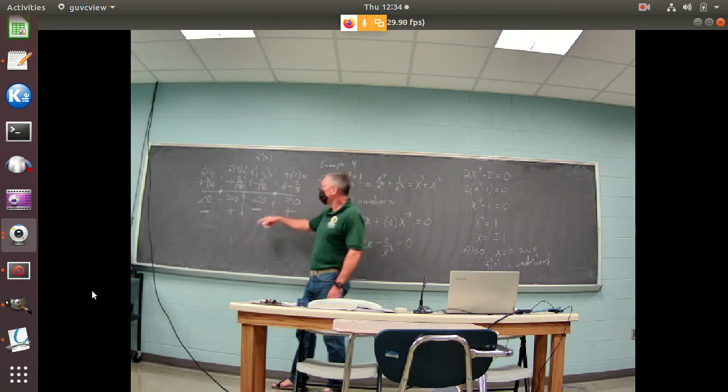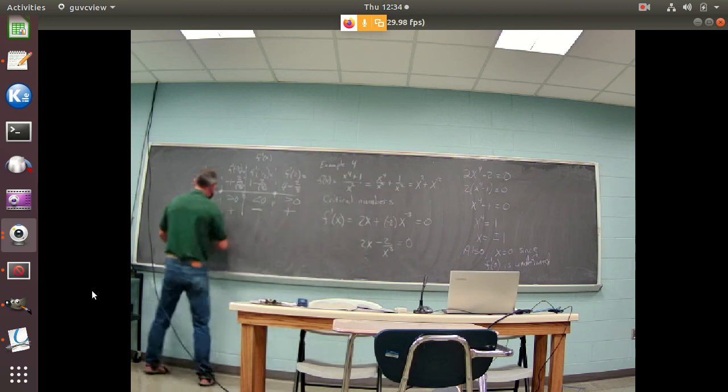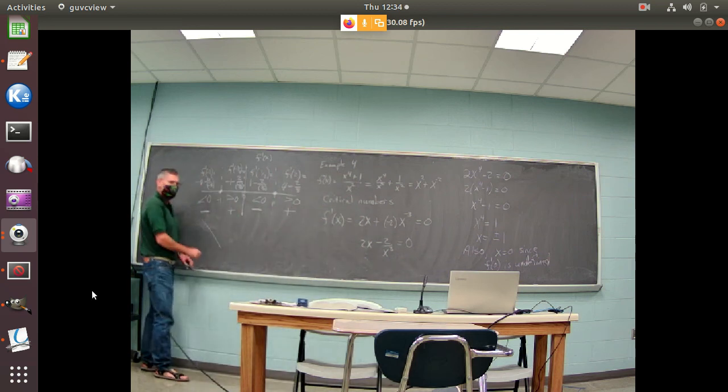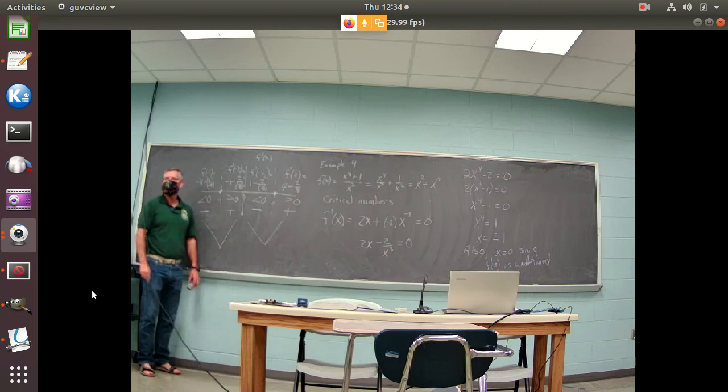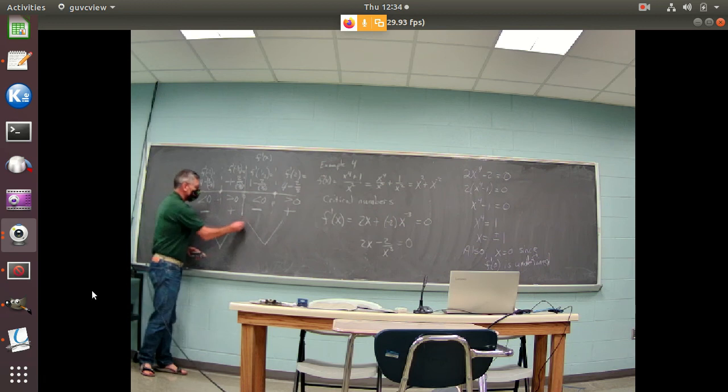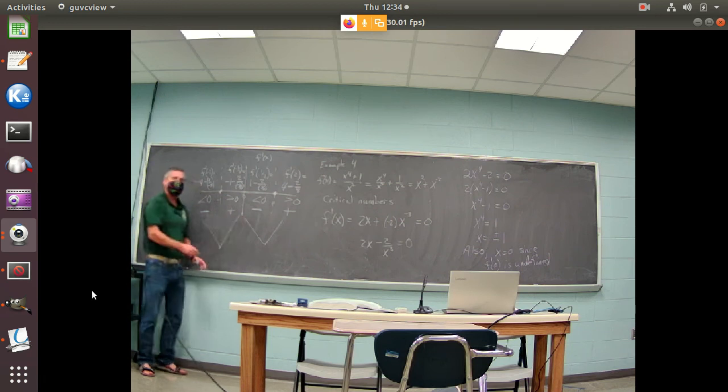Okay, because you can go a little further with this and draw. You can say, oh, okay, I've got a negative slope, I got a positive slope, I got a negative slope, I got a positive slope. Minimums, both of them. Now here, positive slope coming in there, negative slope there. I might look at that and go, oh, there's a relative maximum. But no, the function's not defined there.